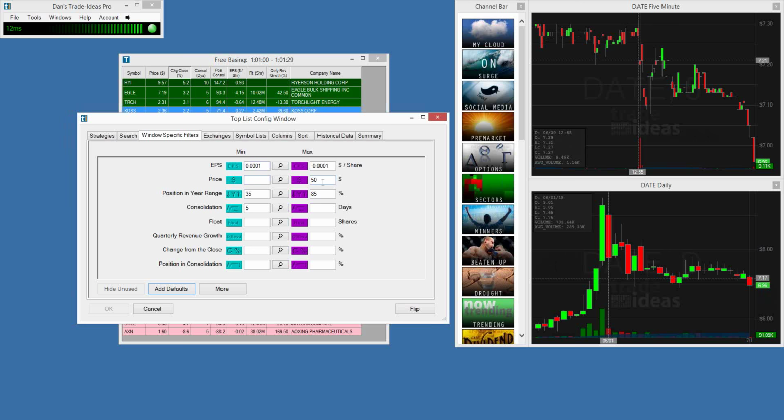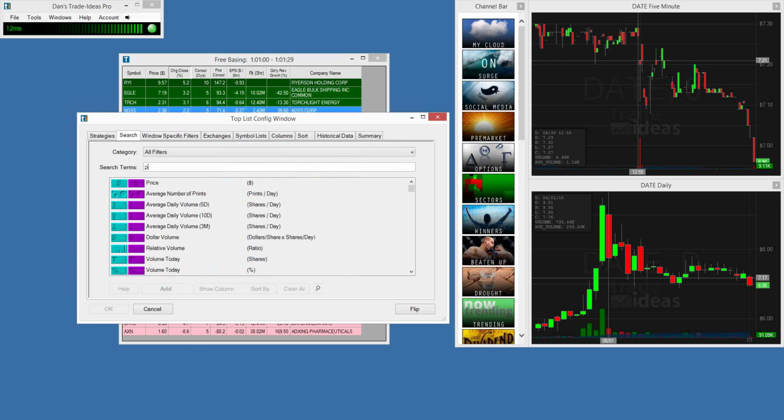So then for price, I just put a maximum price of $50 because I want to just show you stocks that you can relate to. It's just easier to relate stocks that more people can buy. So then the next filter, position in year range, and I'm going to show you this when you type in search into position.